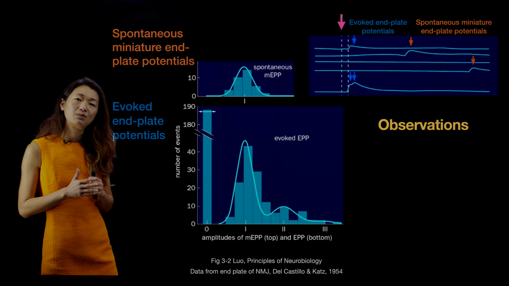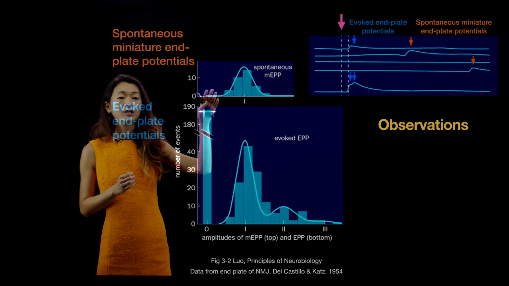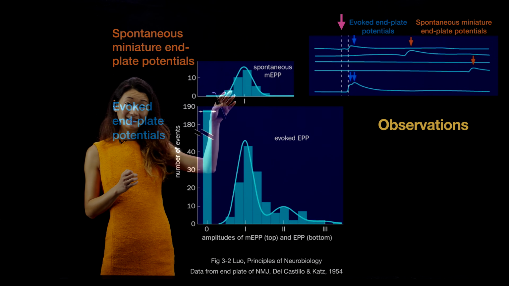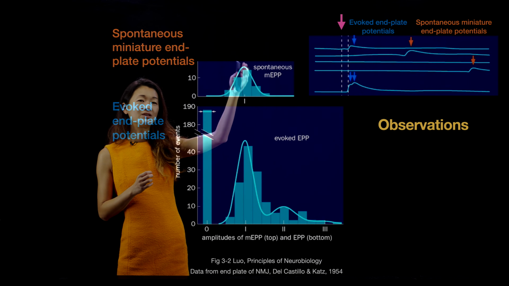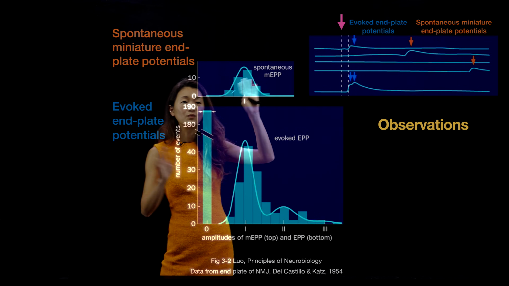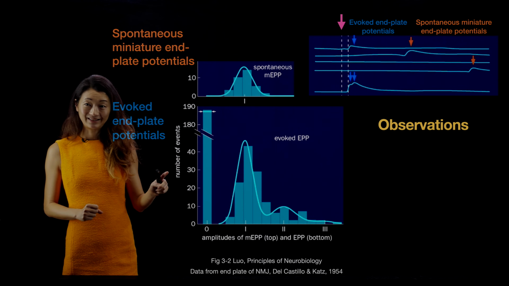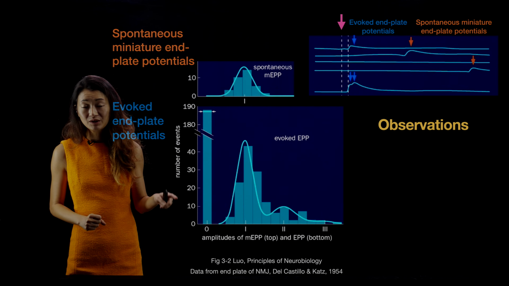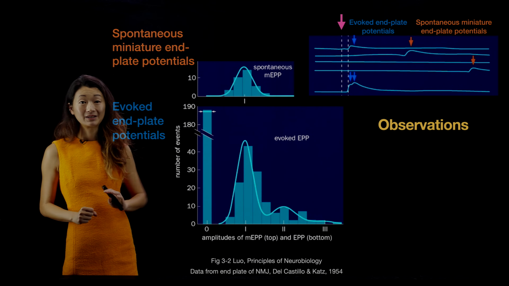Now, if you do that, what you'll see is that the magnitude in terms of voltage of the spontaneous miniature end plate potentials is a Gaussian distribution that follows this shape, okay? And they're generally speaking this big, a unit of 1, whatever that is. It doesn't really matter what it is right now. Interestingly, if we look at the magnitude of the evoked end plate potentials, they're not totally different from the spontaneous ones.